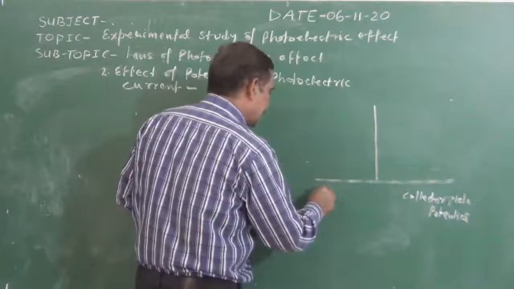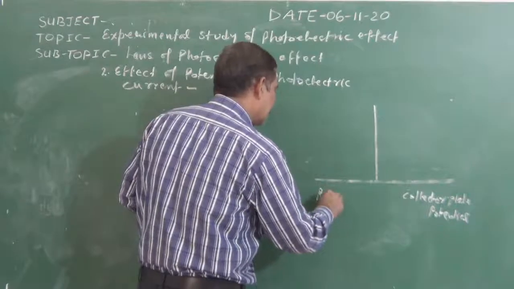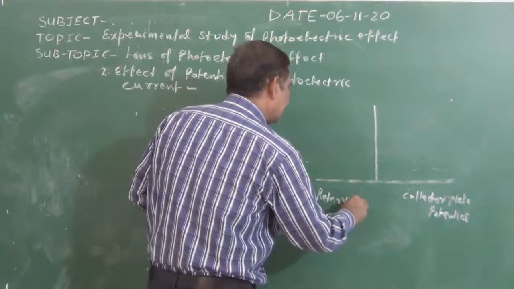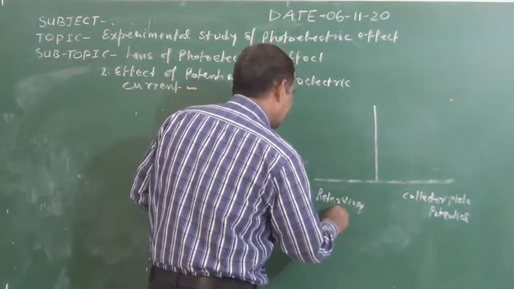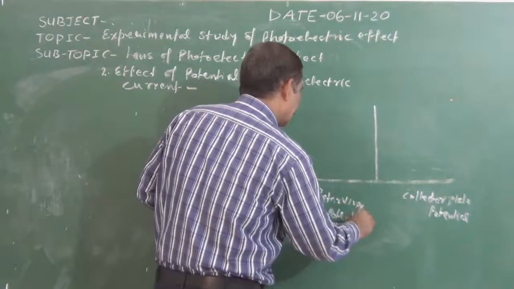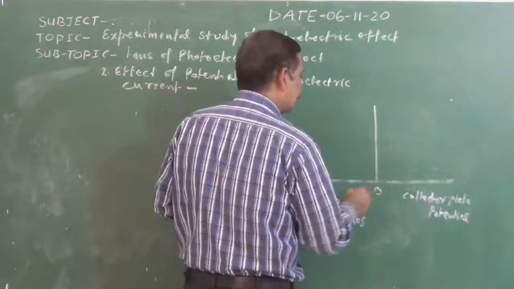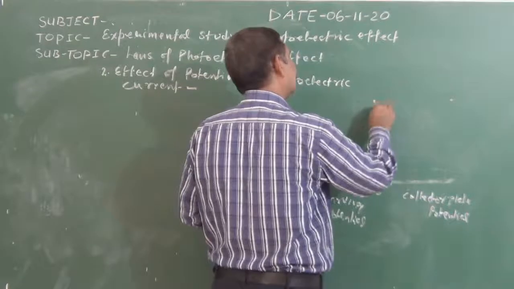This is the retarding potential, that is the negative value. This is intensity.